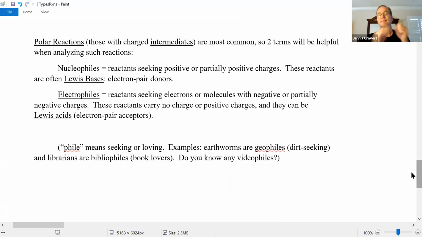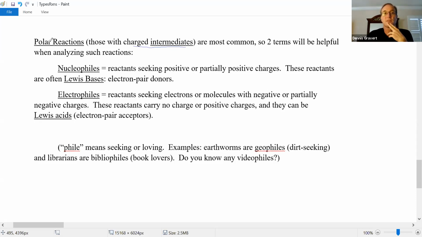It turns out, using the second method, radical reactions, polar reactions, pericyclic, most of the reactions we'll see are polar reactions. We're going to have intermediates show up having charge, pluses and minuses. Knowing that helps us understand the reactions, and it's also helpful for predicting the products.